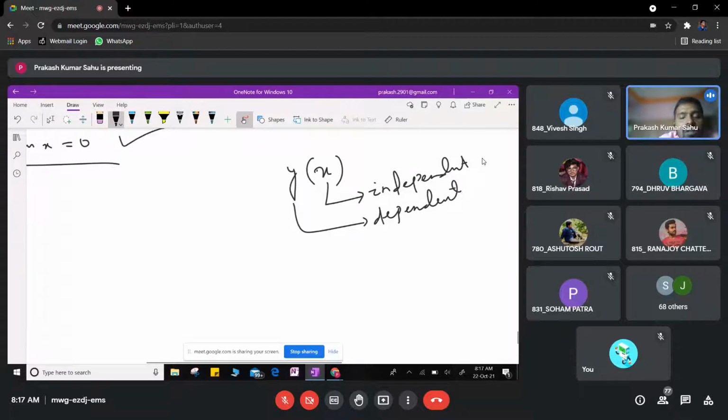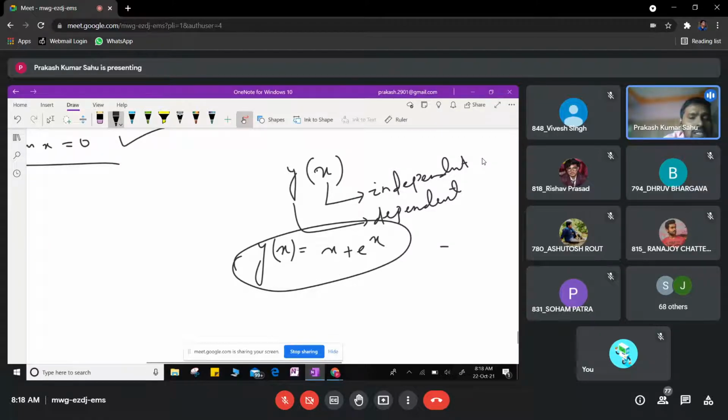Now when you write the function y(x), if y(x) is only a function of x, suppose I am writing y(x) equal to x plus e to the power x, then the dependent variable y is expressed in terms of only the independent variable. Then you can say this is explicit form.